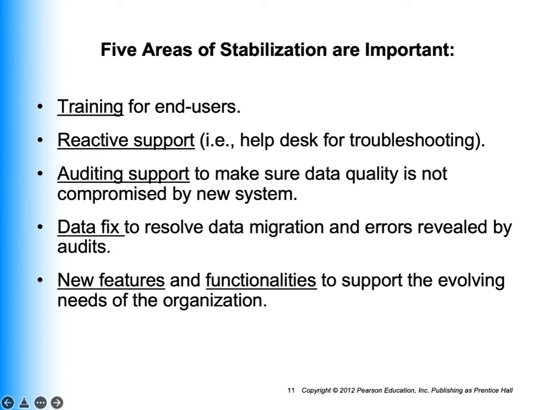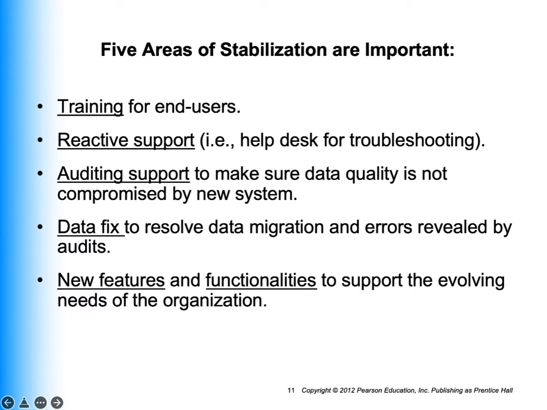So the five areas of stabilization which companies need to consider are training of the users, support if there's any problem, auditing, making sure the software is up to date, data fix, for example if there's any error, will there be support for fixing the problem, and upgrades, new features, functionality of the support.